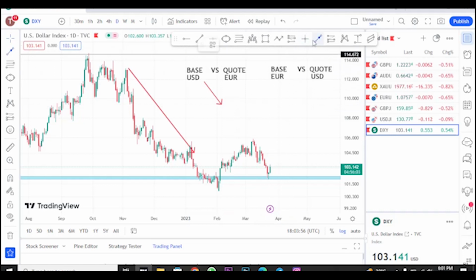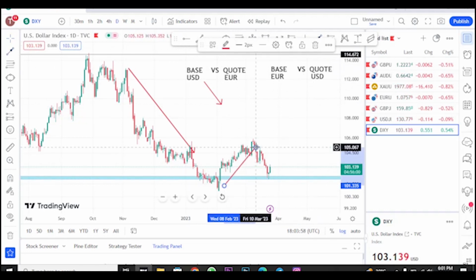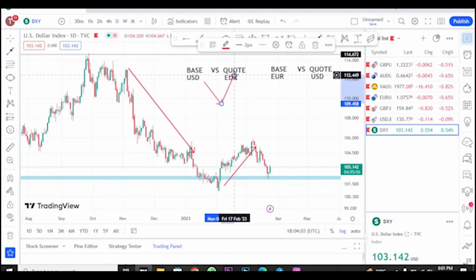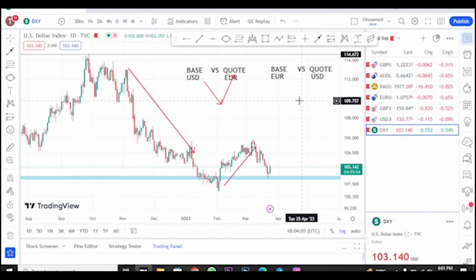And when the DXY is moving in a bullish type of movement, that particular currency pair will also eventually start moving in a bullish type of movement.